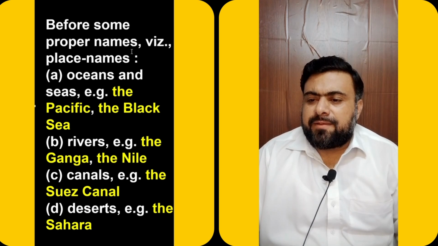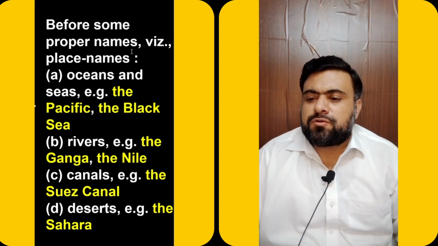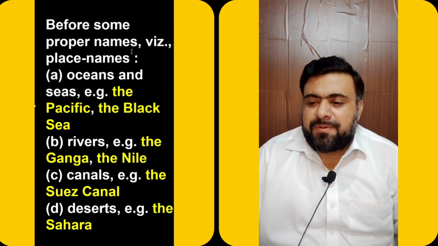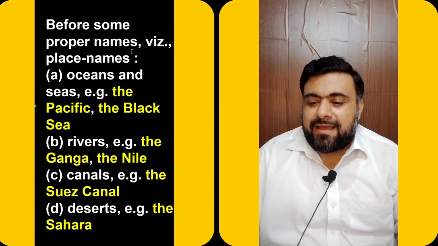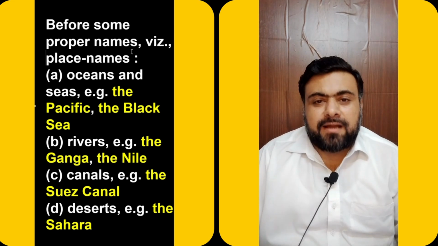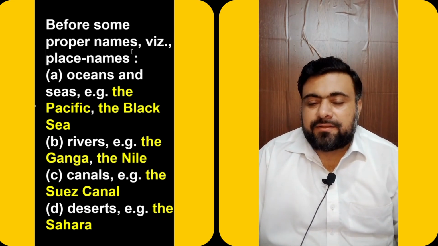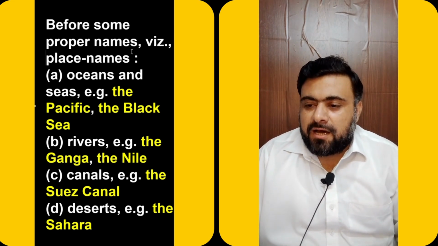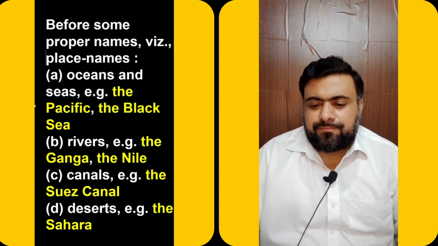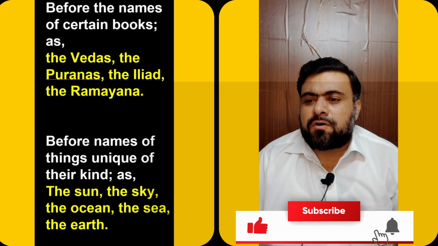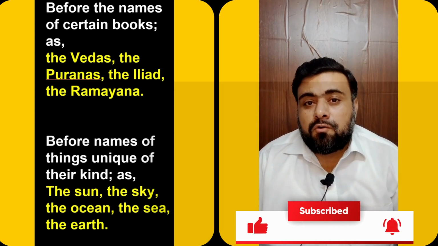Before some proper names, place names, for example, oceans and seas: the Pacific, the Black Sea; rivers: the Ganga, the Nile; canals: the Suez Canal; deserts: the Sahara. The is used before proper nouns, or it is used before some certain known books.